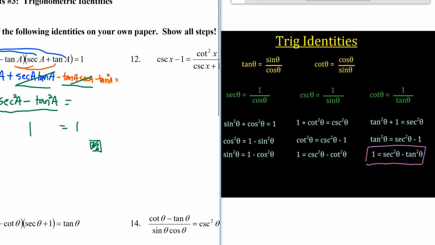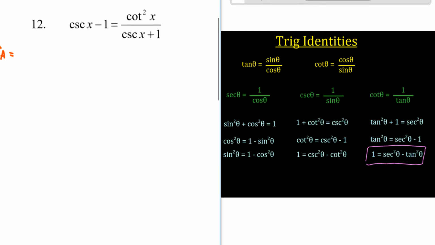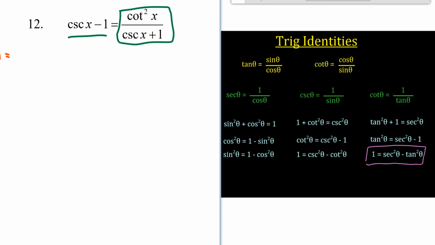Let's look at number 12 here. We've got cosecant x minus 1 equals cotangent squared x over cosecant x plus 1. This might be an example where working with the left might not be the best choice, because how am I going to get all of this stuff given just cosecant x minus 1?